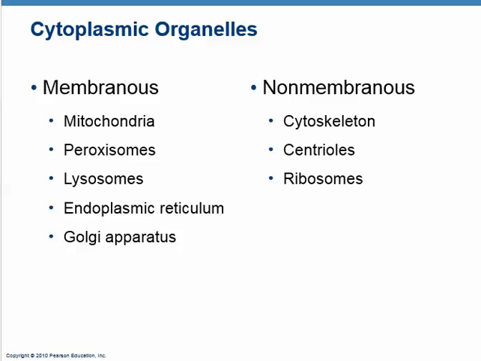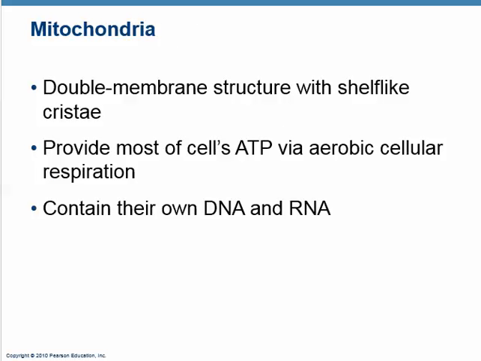They include mitochondria, peroxisomes, lysosomes, endoplasmic reticulum, and Golgi apparatus. The non-membranous ones are made out of filaments, and so it's the cytoskeleton, the centrioles, and the ribosomes. We'll talk about the important ones here. So we'll start with the mitochondria.